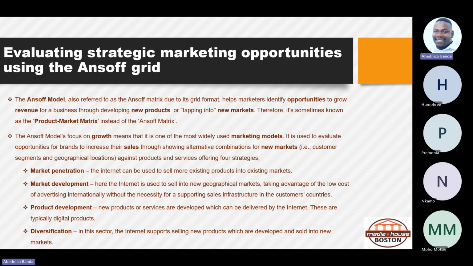The Ansoff model's focus on growth means that it is one of the most widely used marketing models. It is used to evaluate opportunities for brands to increase their sales by showing alternative combinations of new markets, that is customer segments and geographical locations, against product and service offerings. The four strategies are market penetration, market development, product development, and diversification.